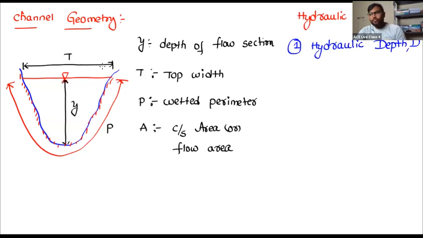For a given cross section, based upon the flow rate, you set the flow area, and the depth changes or not? Yes or no? So D is equal to the flow or cross-section area A divided by the top width, which is represented with T. So that's about the hydraulic depth: D is equal to A by T.